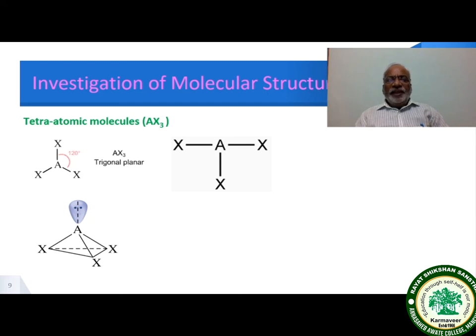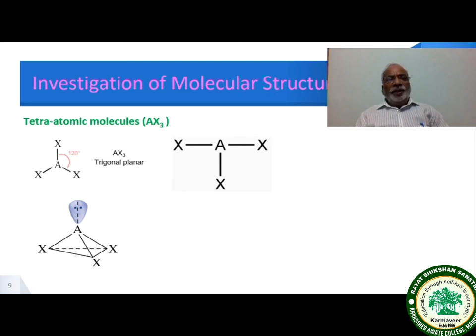In case of T-shaped structure, the angle between X-A-X is 90 degrees. And in case of trigonal pyramidal structure, you will find 3 X are in one plane and one dissimilar atom, that is A here, is at the apex of the pyramid.